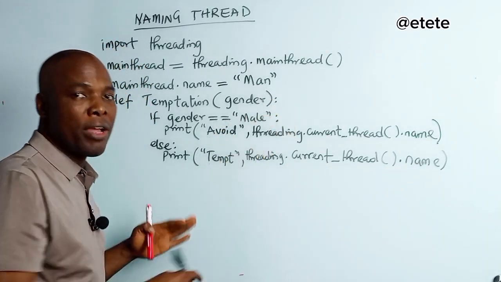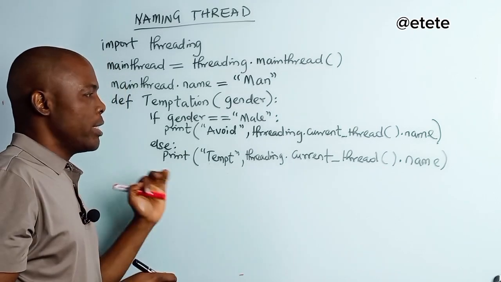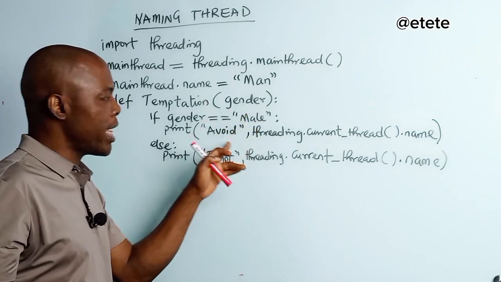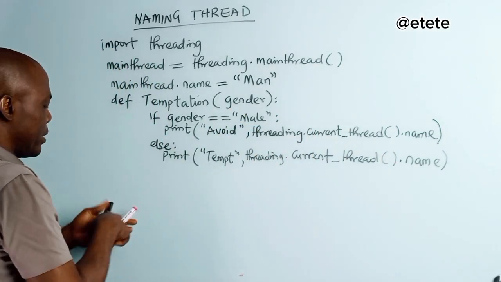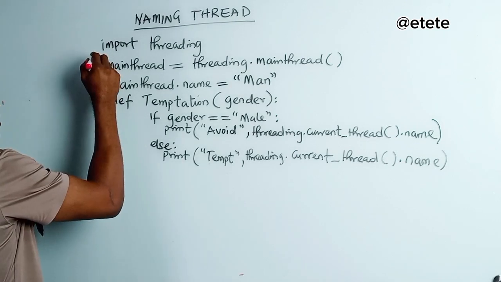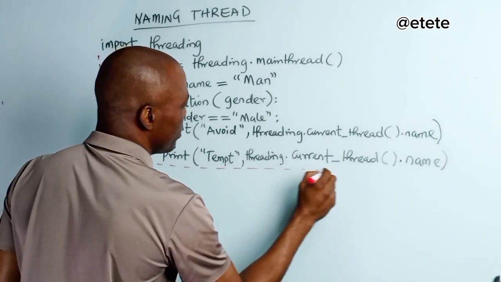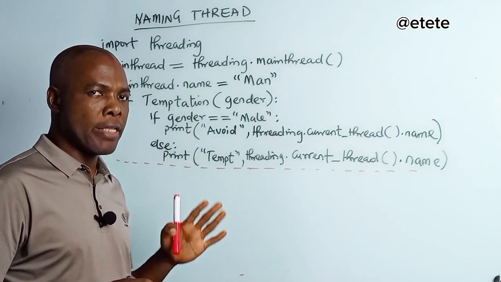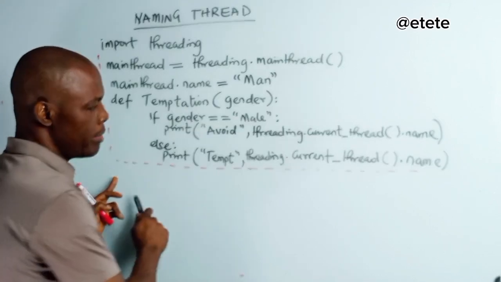So I'm going to now create my two threads and I'm going to name them. Then I'm going to give this value so you will understand this line. So let's just conclude. Now I have written my task that I want to perform, right? Now I'm going to create my two threads.